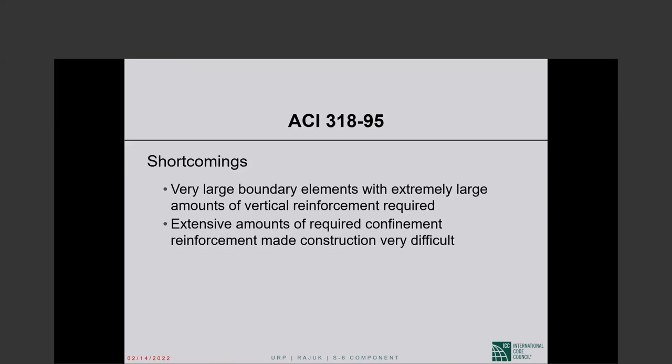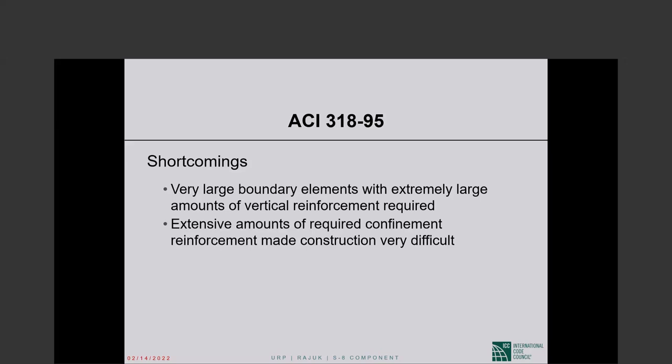Remember, every other bar laterally supported by a corner of a tie or a cross tie. The maximum spacing center to center between any two supported bars, 14 inches, and the clear spacing between a supported bar and an unsupported bar, 6 inches.